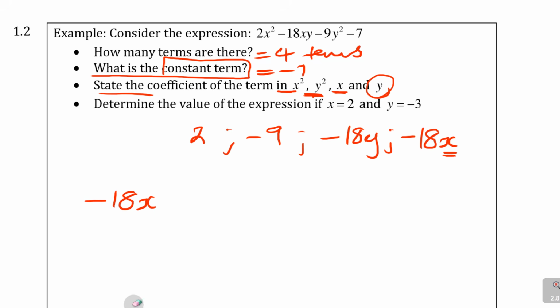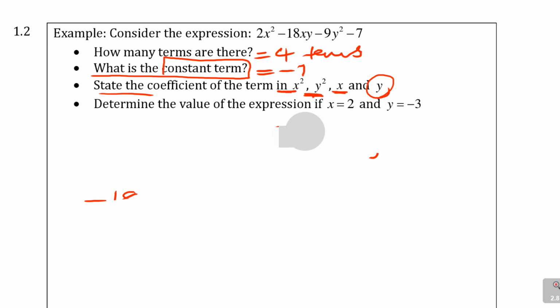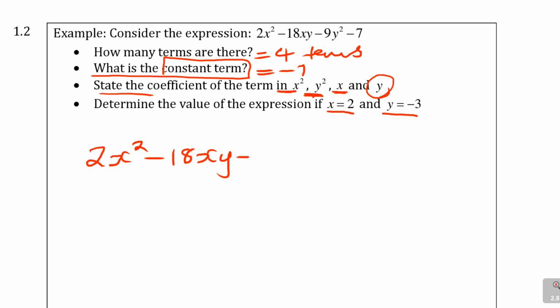Alright, and then lastly, they are saying here, determine the value of the expression if x is equal to 2 and y is equal to minus 3. This is a very important part of substitution. For example, we are given 2x squared minus 18xy minus 7.